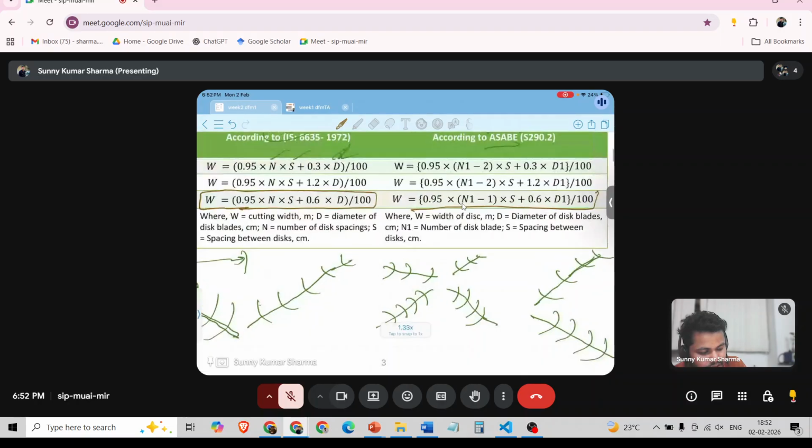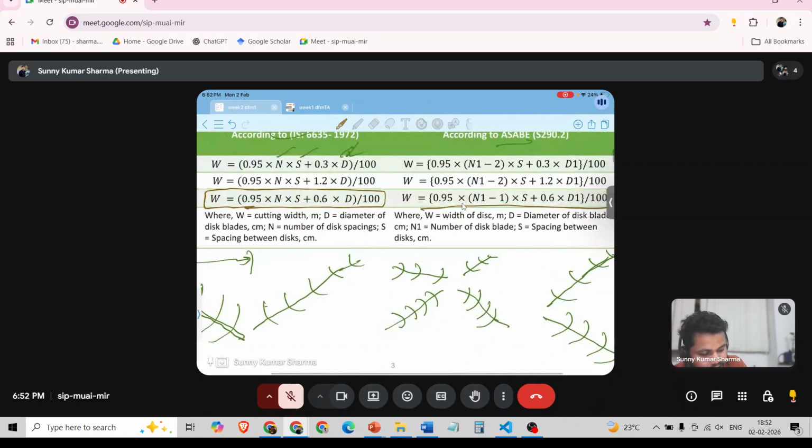See, this formula is the same. Here it is n1 minus 1, everything is the same. Here it is n, but n is the number of disc spacings and n1 is the number of discs.